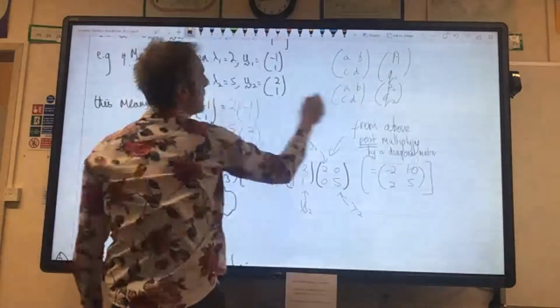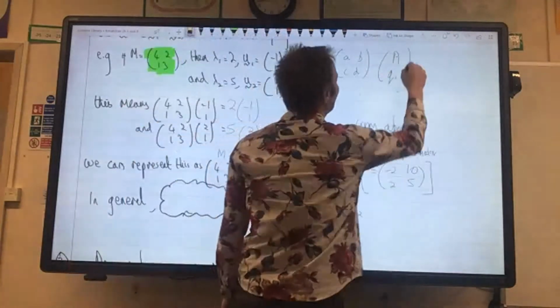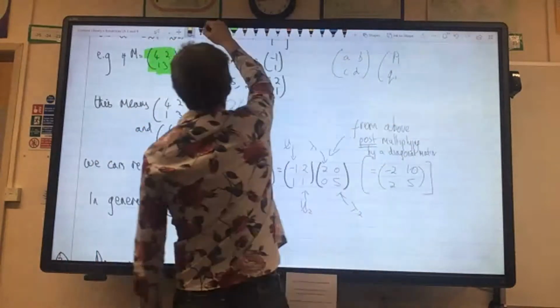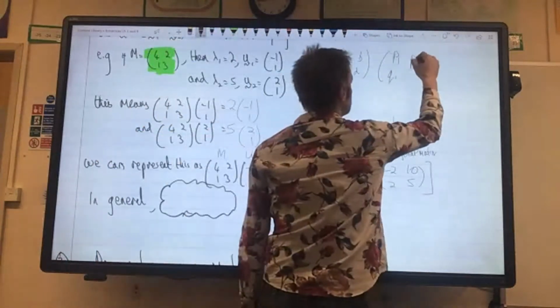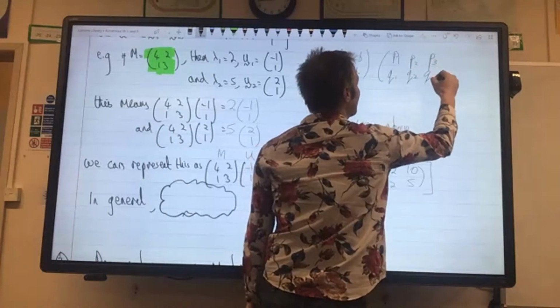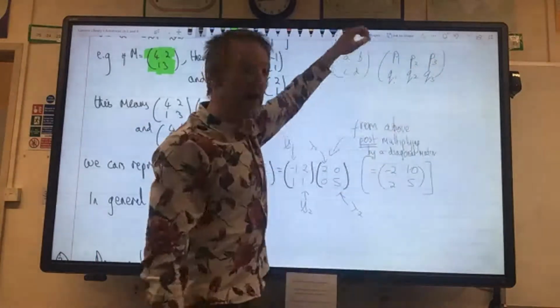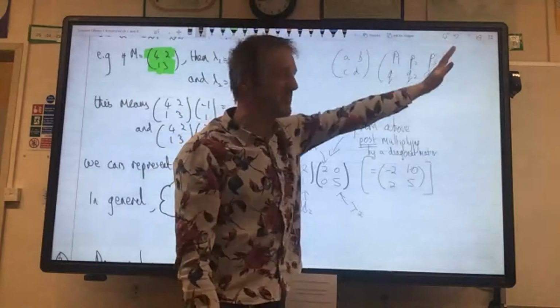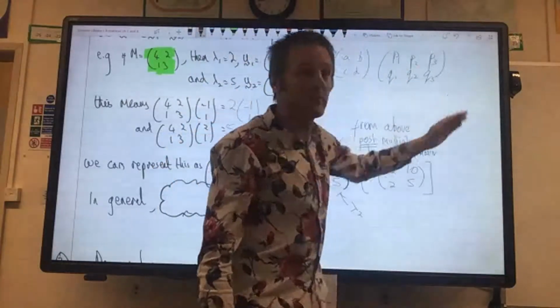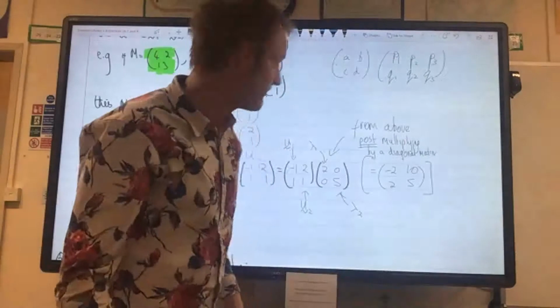I could do it all in one go. We've done this before quite a lot. I will end up with a 2 by 3 matrix. Each column is the image of the corresponding point. No, it makes sense. Yeah, okay.